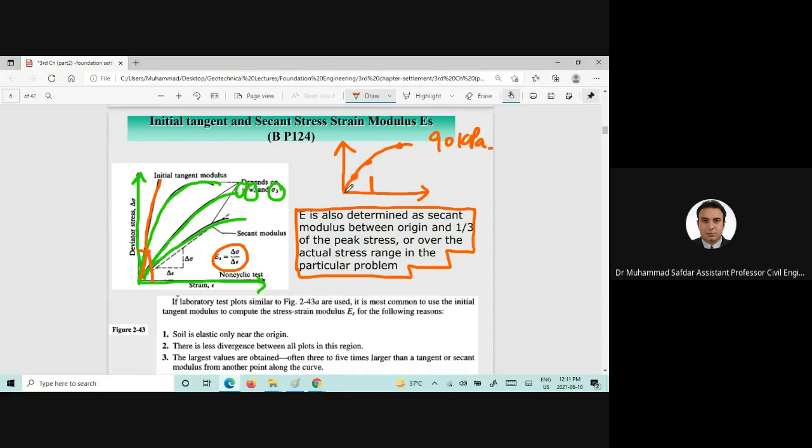If we find it at 1/3 of this value, this will give us the ES, or the secant modulus of elasticity. We can also find E50: if we divide it by 2, that line gives E50, which is also desired in a few numerical software like Plaxis.